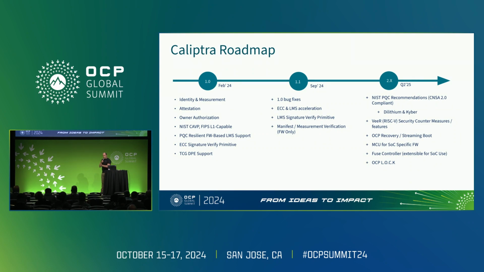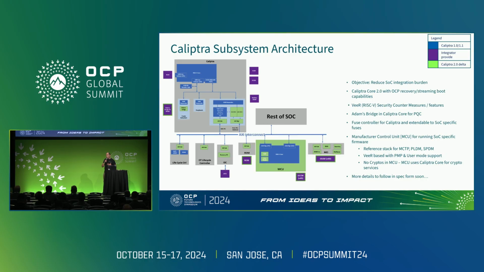We are on the cusp of 2.0. That's the main topic of this presentation. I want to use this slide here to sort of present and talk about what we're doing with 2.0. So the first part that's important is the top left, right? That's Caliptra core. That's Caliptra as you know it in 1.0 and 1.1. So there are a couple important things happening there.